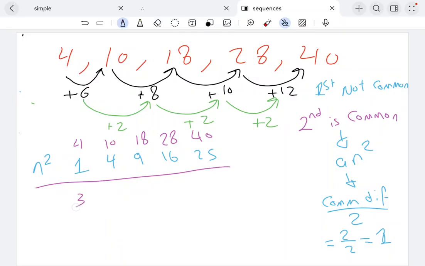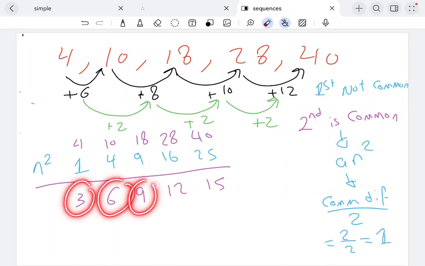I need 3 more. But here I need 6. Here I need 9. Here I need 12. Here I need 15. Oh, it's not constant. It's not the same number every time. It's not 3, 3, 3, 3, 3. If it's 3, 3, 3, 3, 3, I would say n squared plus 3.